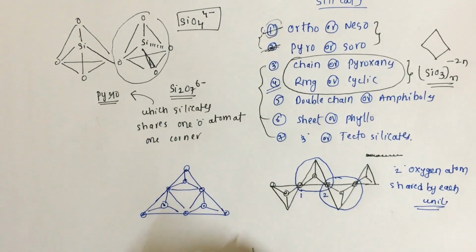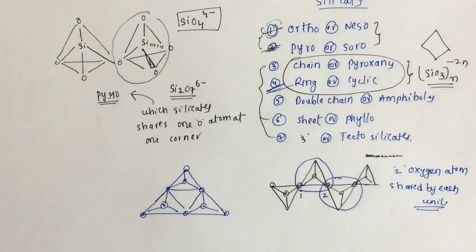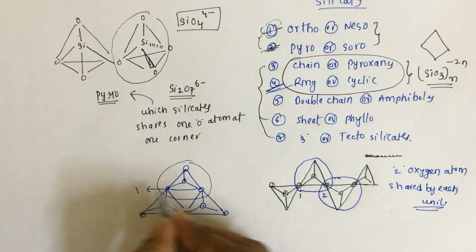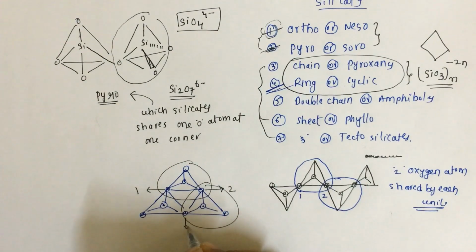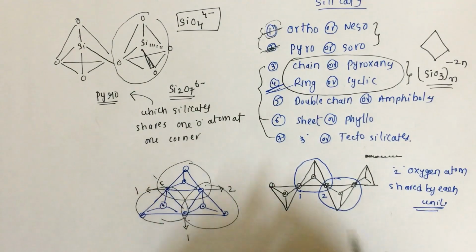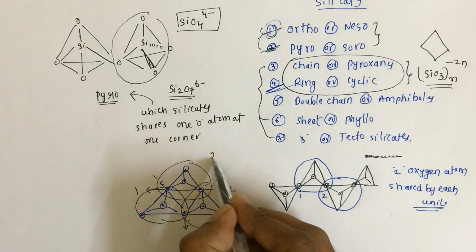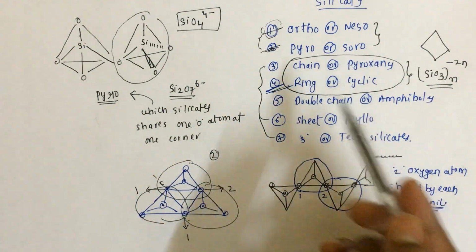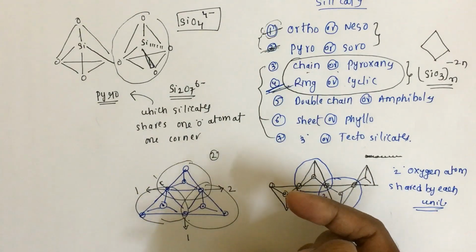This is the example for ring silicate. Here also, if we take this unit, how many oxygen atoms are shared? 1 and 2. If we take this one, 1 and 2. So each unit shares 2 oxygen atoms with other units. That is called a ring silicate. Chain silicates means linear form, ring silicates means cyclic form.